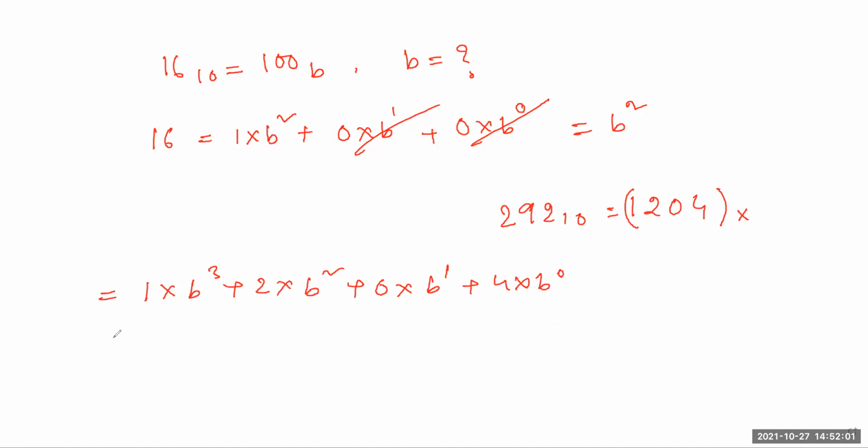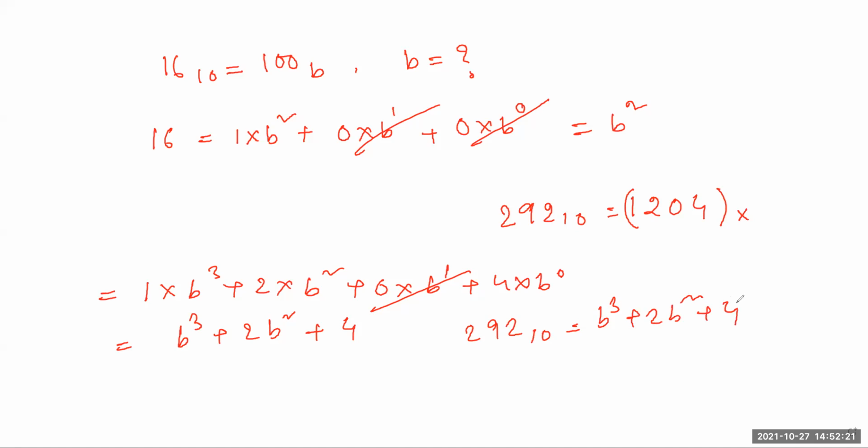The zero term cancels, so you are getting b cube plus 2b square plus 4. So 292 base 10 equals b cube plus 2b square plus 4.